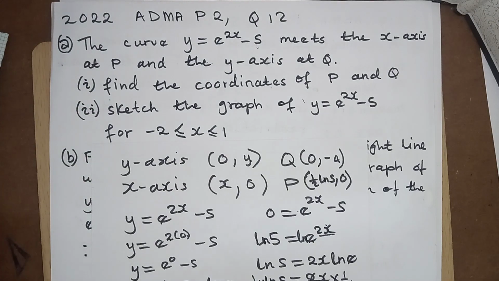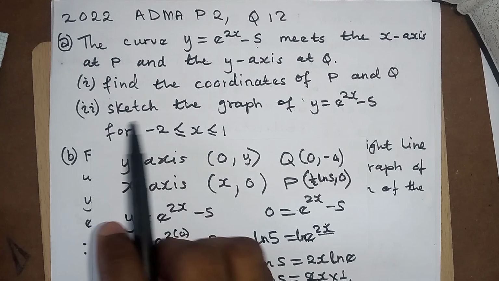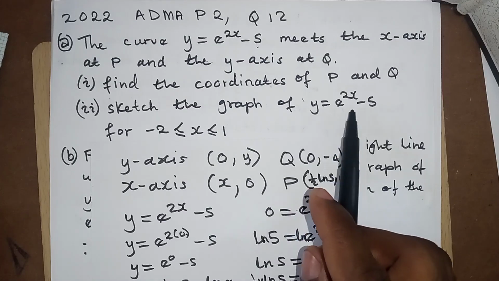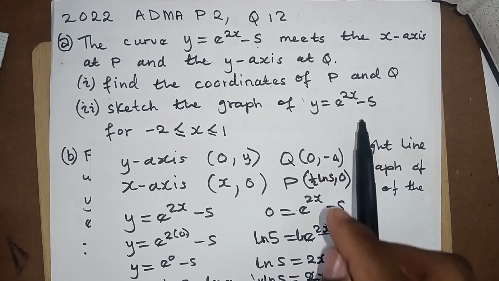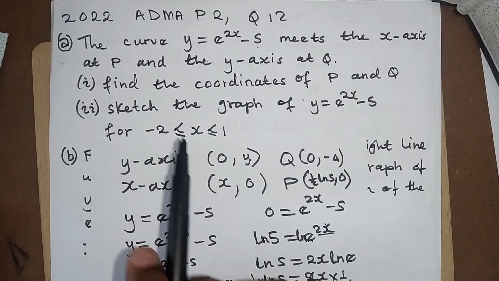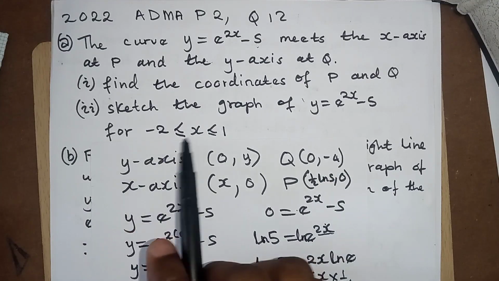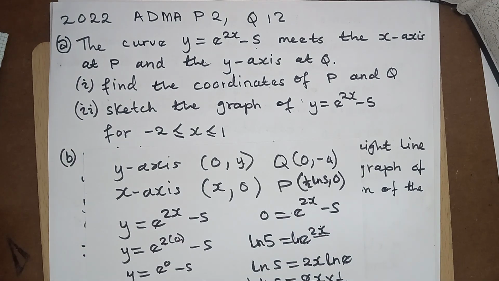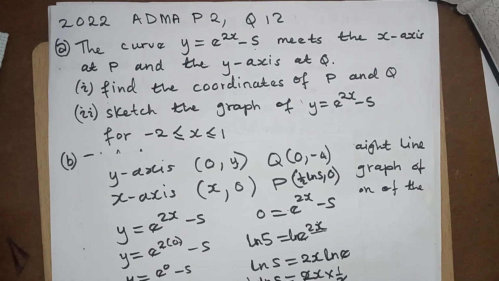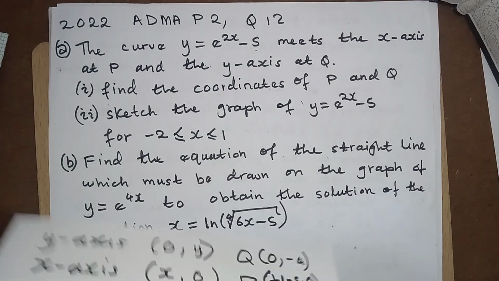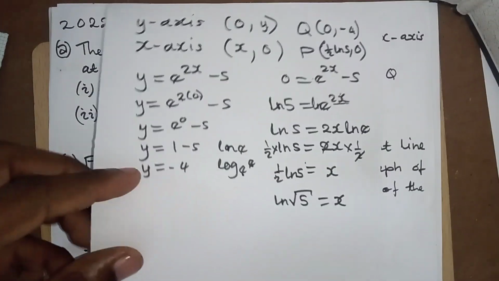And part 2 is saying sketch the graph of y is equal to e to the power 2x minus 5 for the domain negative 2 to 1. So to do this, we can start by making a simple table.